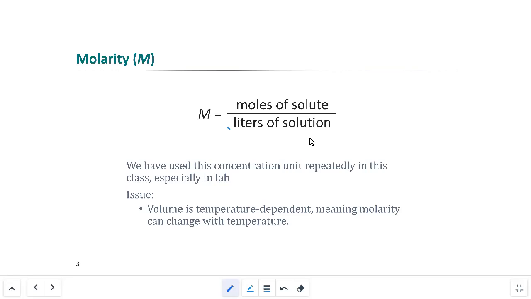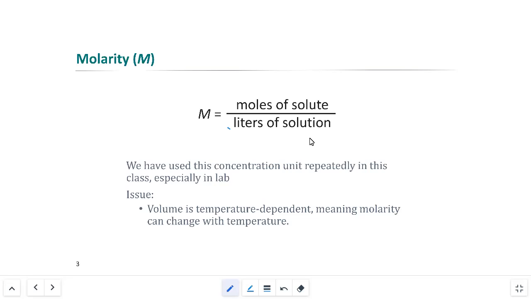We know that when temperature increases, we will see an expansion of most objects, thermal expansion. We know that when temperature decreases, we will see a contraction of some objects, thermal contraction.